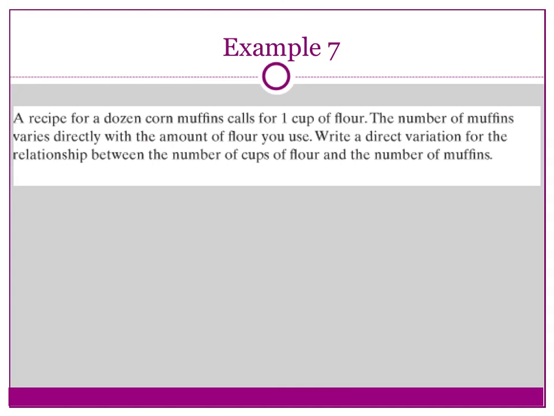For example 7, it says a recipe for a dozen corn muffins calls for 1 cup of flour. The number of muffins varies directly. So again, I have y equals kx, or in this case, m for muffins varies directly with the amount of flour, so k times f. Write a direct variation equation with the number of cups of flour and the number of muffins.